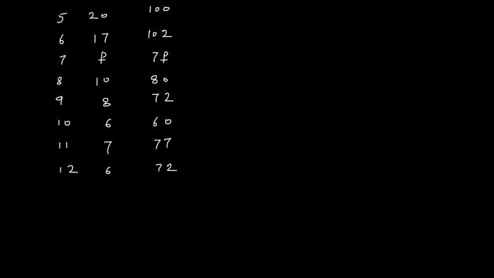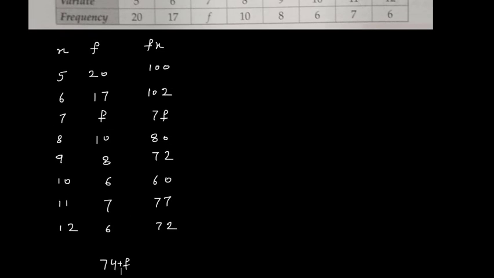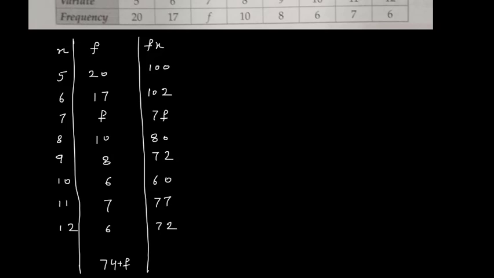Here 7 plus 8, so 8 8 7 7, 14 plus 1 15, 15 plus 6 21, 21 plus 7 28, 28 plus 6 34. So you write 4, 3 carry, 3 plus 2 5, 5 plus 1 6 plus 1 7. So 74 plus f, this is frequency, and fx. Okay, actually I should keep some gap between them, right?